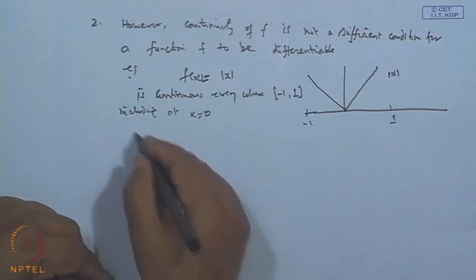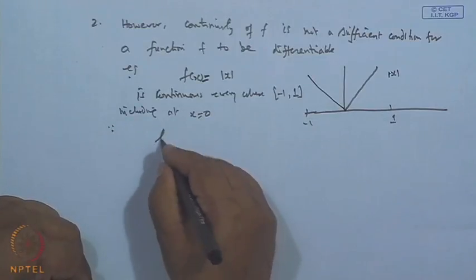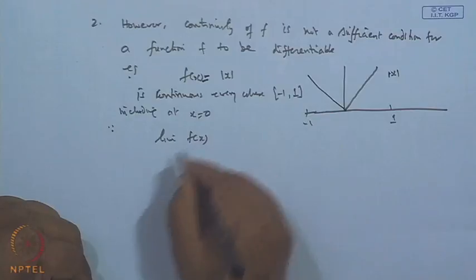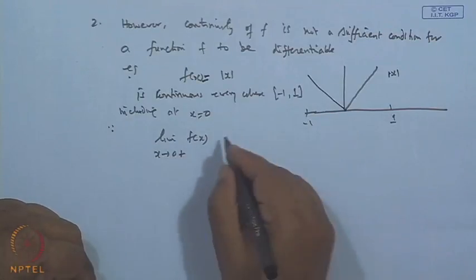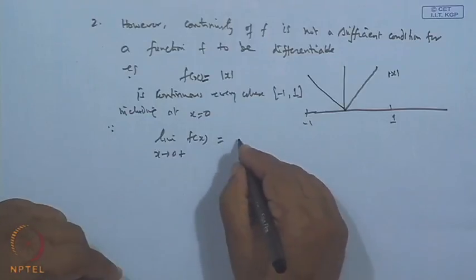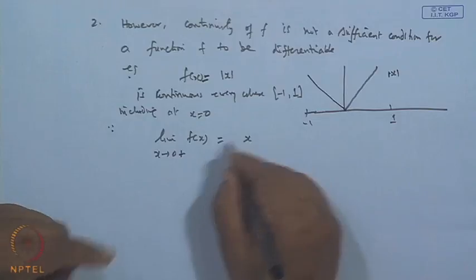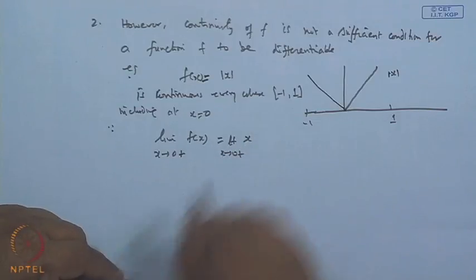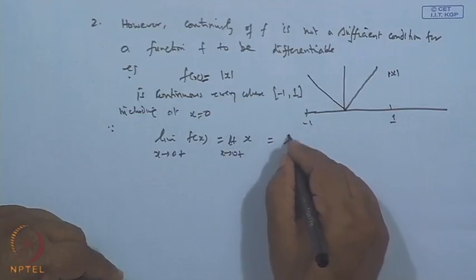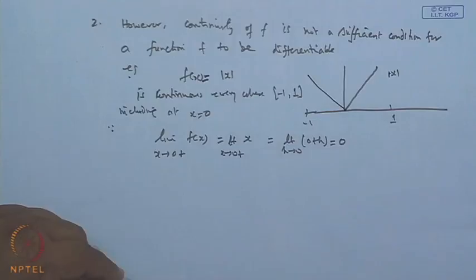The reason is, suppose I want to test at the point 0: what is the limit of the function f of x when x approaches 0 from the positive side? Here f of x is x, so the limit as x tends to 0 from the positive side is 0.